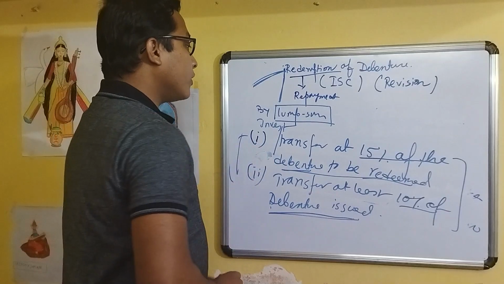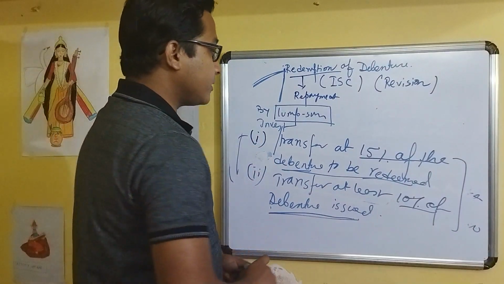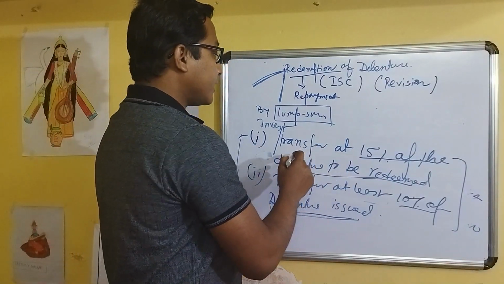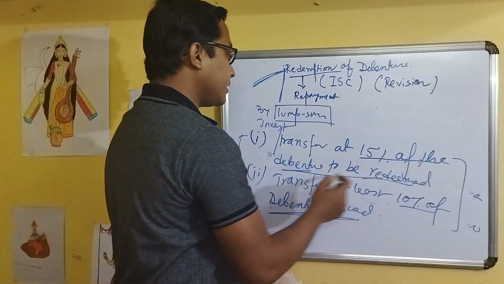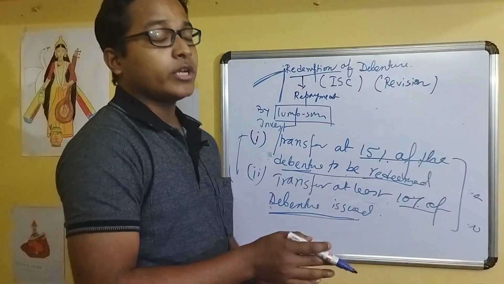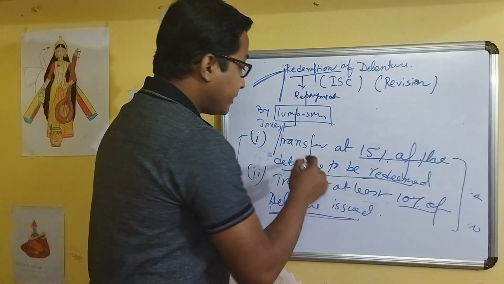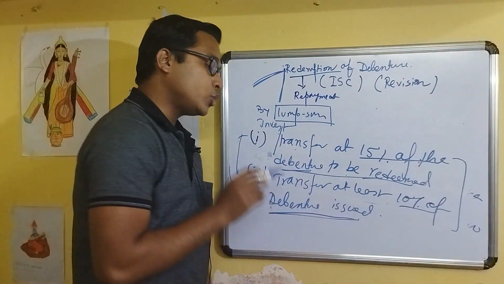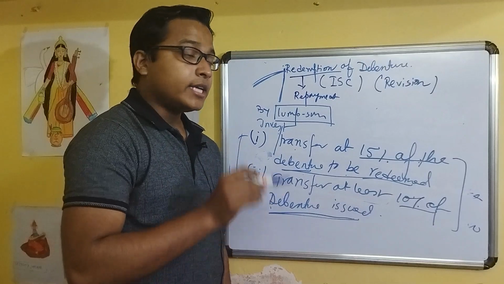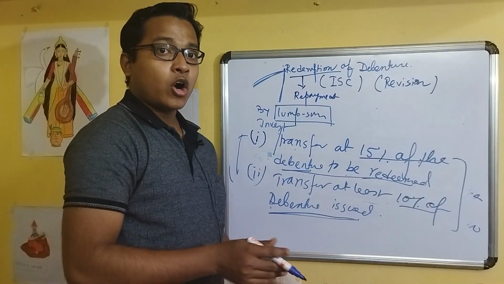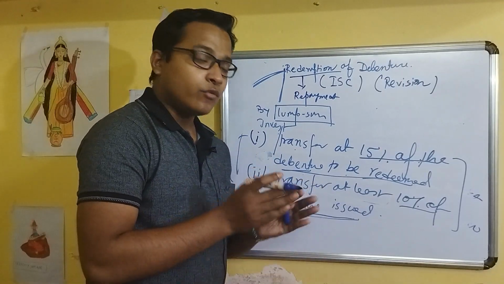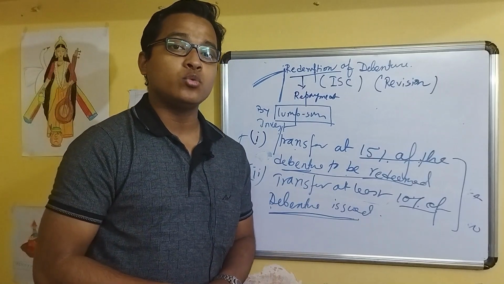So in our case we have to transfer or invest 15% of the debenture that is going to be redeemed. This transfer or investment should be done by 30th April of the financial year in which the debenture is going to be redeemed.